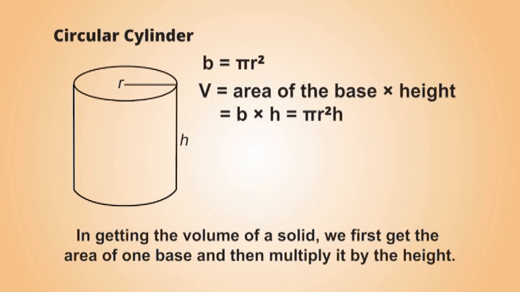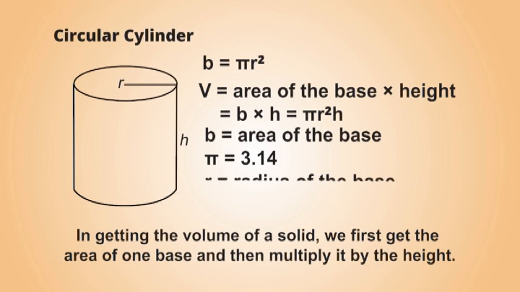Thus, following the formula, volume of a cylinder equals area of the base times height of the cylinder, or base times height. This is also equal to pi times r squared times height, where B is the area of the base, pi is 3.14, r is the radius of the base, and h is height.